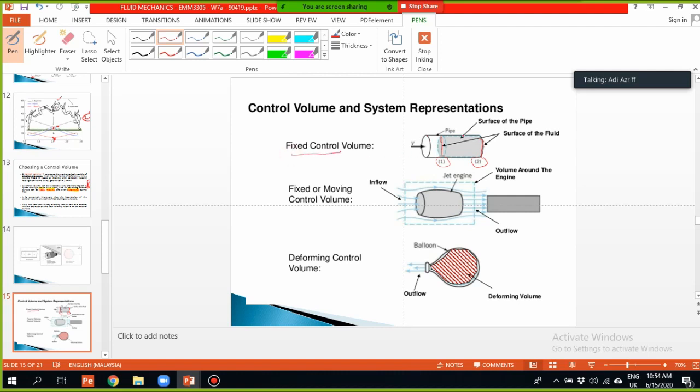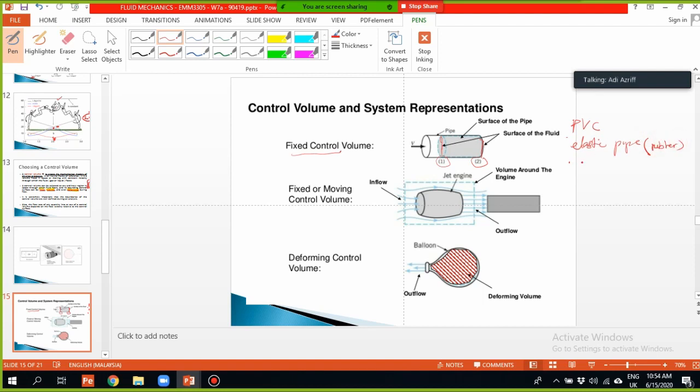It means that your control volume remains the same size as the pipe, so it's not changing unless I change this pipe from PVC to an elastic pipe, for example one made from rubber.